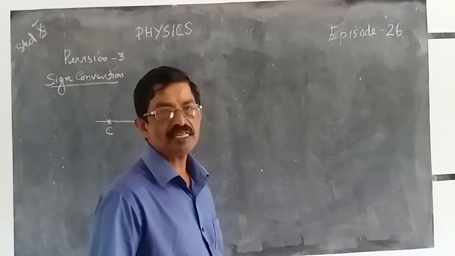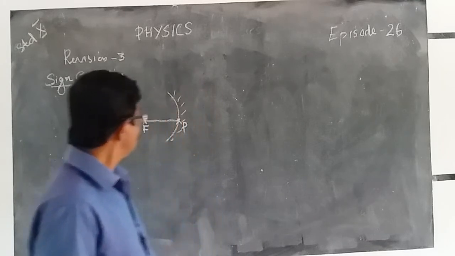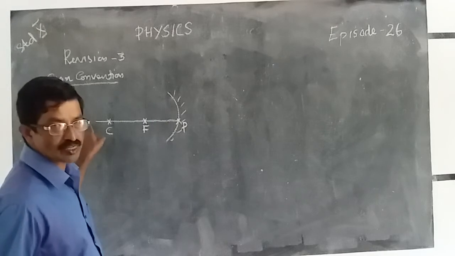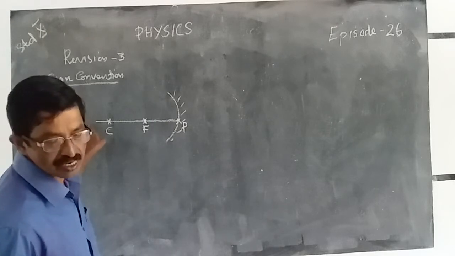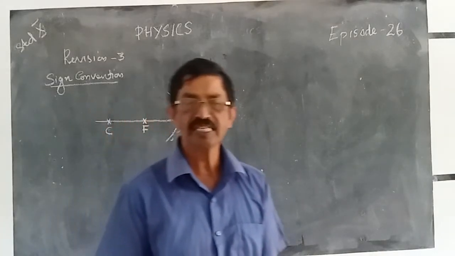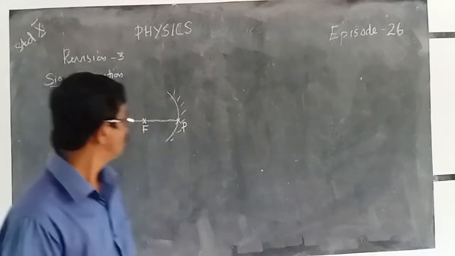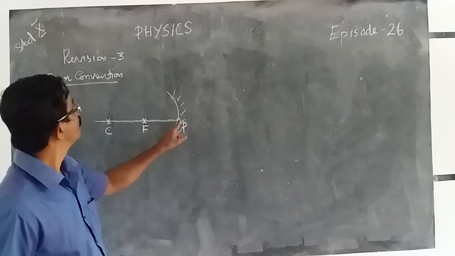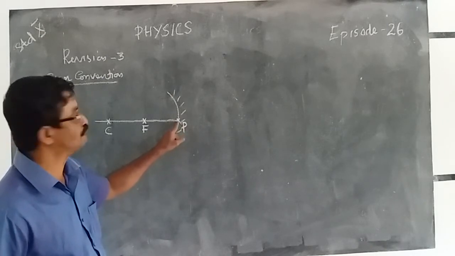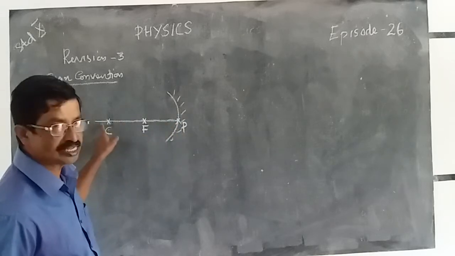So all the distances we measure from the point P. First question given here: from where do we measure the distances? From this point P, the pole, we measure all the distances.